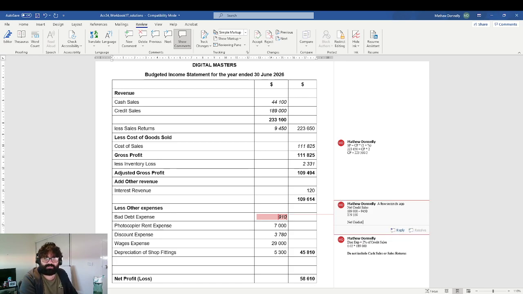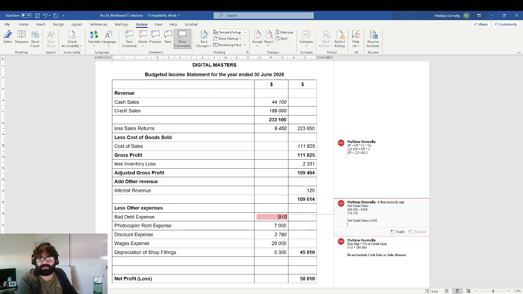Net credit sales multiplied by 0.01, sorry, doubtful debt is 0.01. That'll give us the amount the doubtful debt should be at the end.